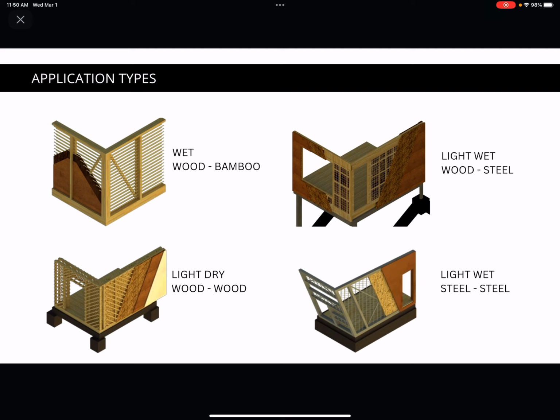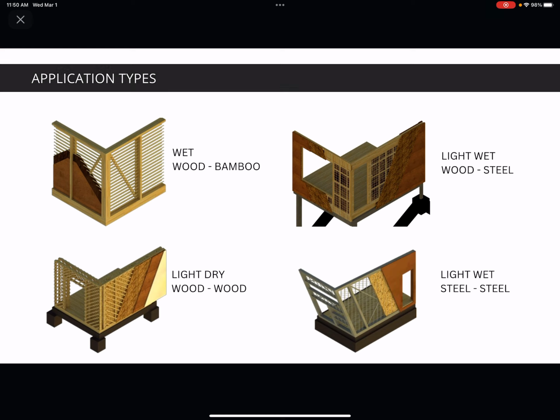We can see the filling there with the fibers inside those partitions. Then here we can see newer techniques like light wet with wood and steel, replacing the bamboo. And then we have light wet using steel and steel, and you can see here we can have new forms and new methods of using this construction system.